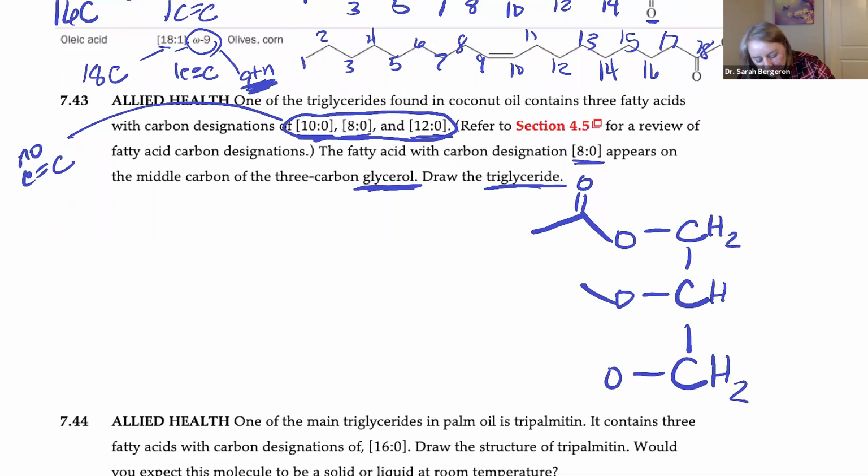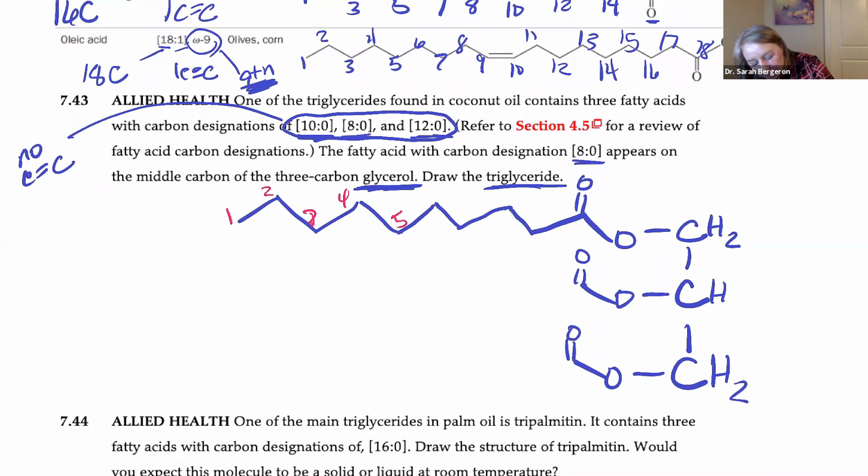We're going to do a carbonyl carbon, carbonyl carbon. This right here counts as a carbon in the chain. So I need to make this one 10. So this would be 1, 2, 3, 4, 5, 6, 7, 8, 9, 10. But really when we count it, we would go 1, 2, 3, 4, 5, 6, 7, 8, 9, 10.